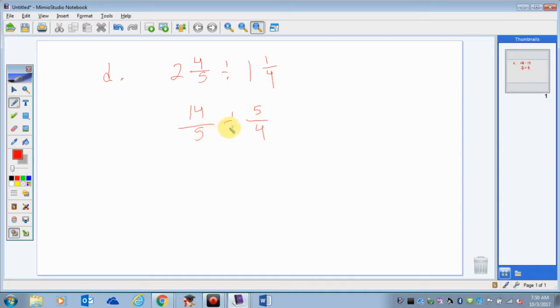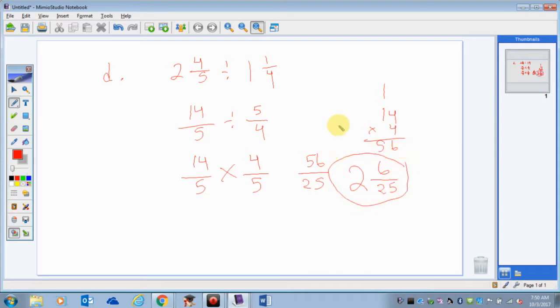Alright, now it's still written as two fractions with a division symbol, so I've got to keep this one the same, change this to multiplication, and flip this one. Alright, so looking at it, there's no cross reduction that I can do, so 14 times 4 is 56, so I'm at 56 over 25. 25 will go into 56 two times, with 6 left over 25.